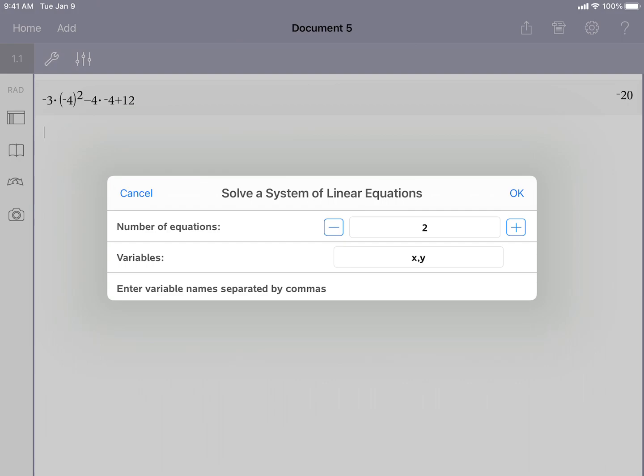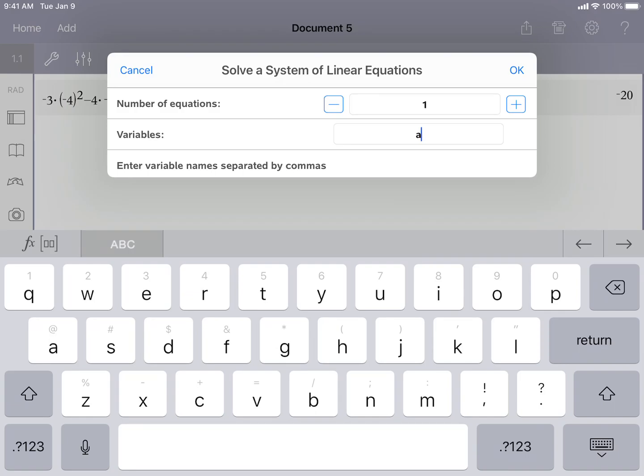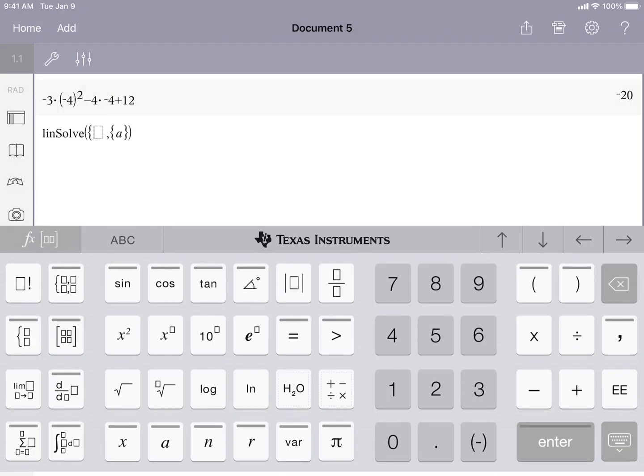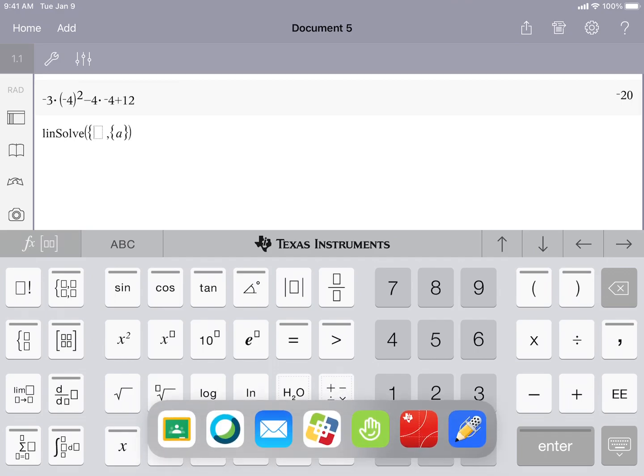So algebra 3, 2. We're going to change our number of equations from 2 to 1. And if you need to, you can change the variable. It was a, so you can go over and change it to a if you want to. Okay. So now when I type it in, I have to make sure that I use the variable a.